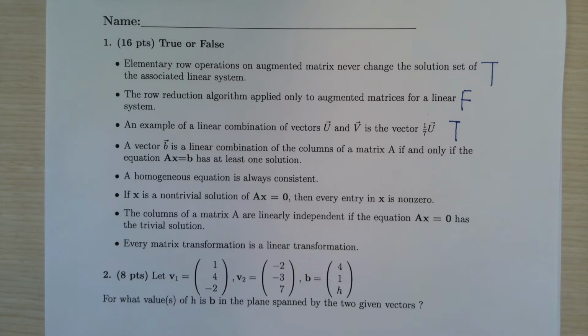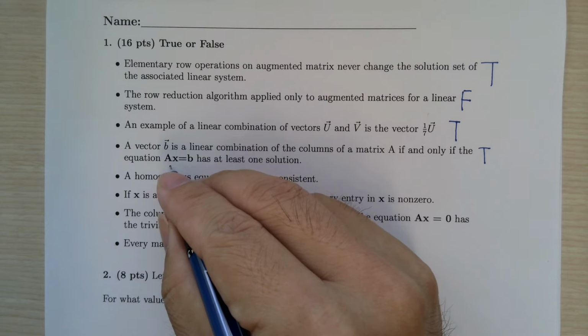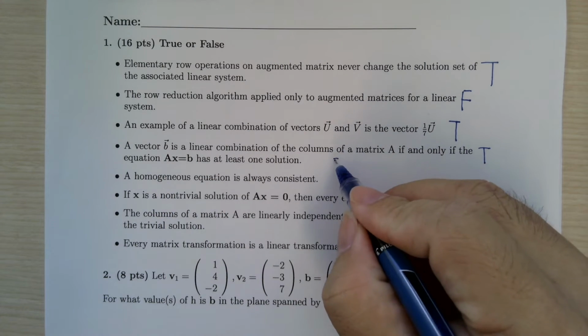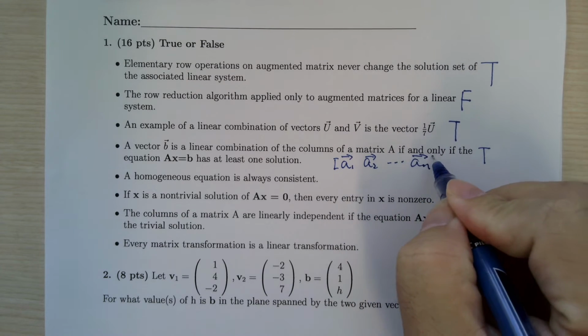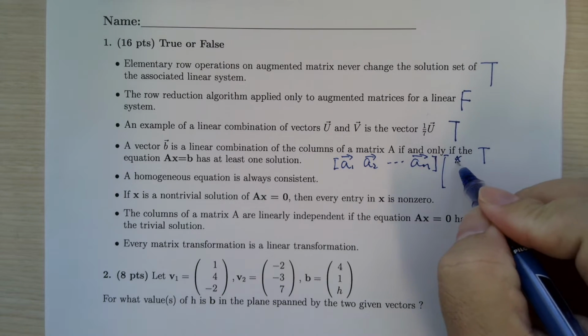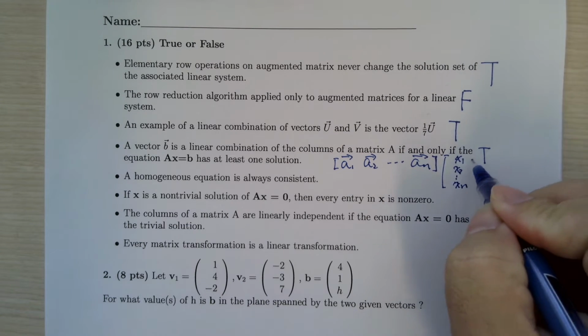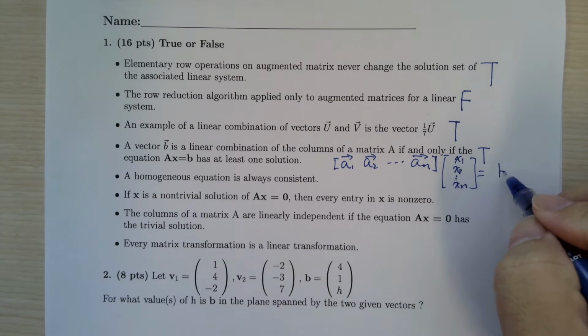Next one, a vector b is a linear combination of the columns of a matrix A if and only if the equation Ax equals b has at least one solution. This is also a true statement. Okay, because you can think of A as a1, a2, up to an, all these column vectors, times x1, x2, up to xn, equals the vector b.